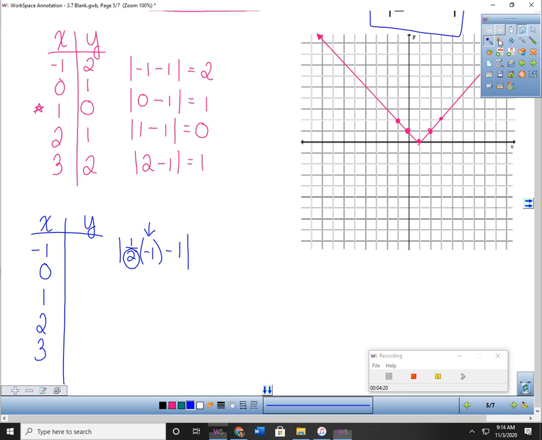So maybe we should adjust our table, and instead of doing negative 1, I could do negative 2. And then instead of doing positive 1, I can do 2.